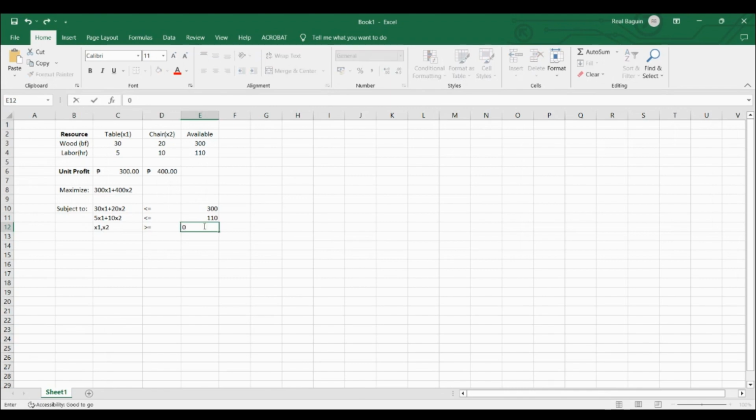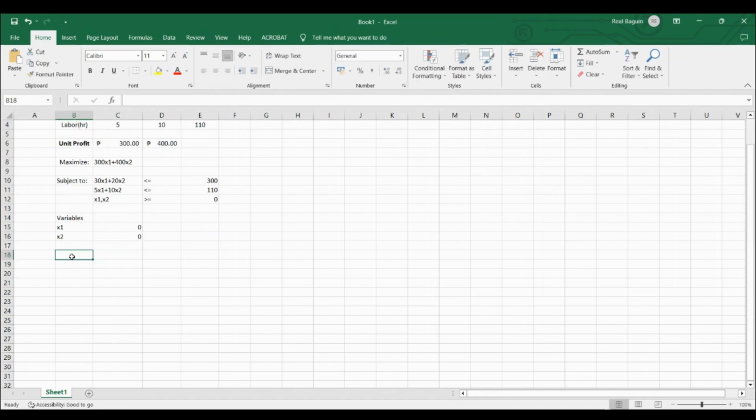So now let's try to solve this problem using the MS Excel Solver. So now we have our variables. We have x sub 1 and x sub 2, and we just make them 0.